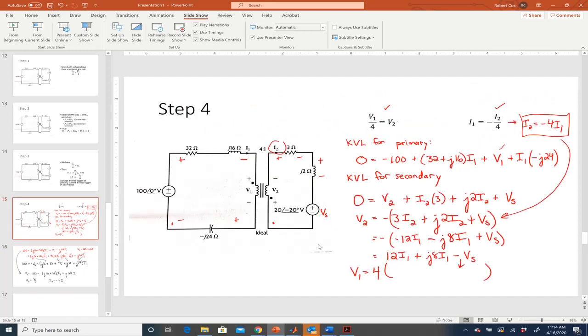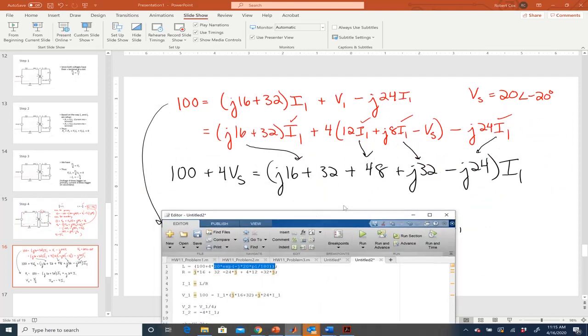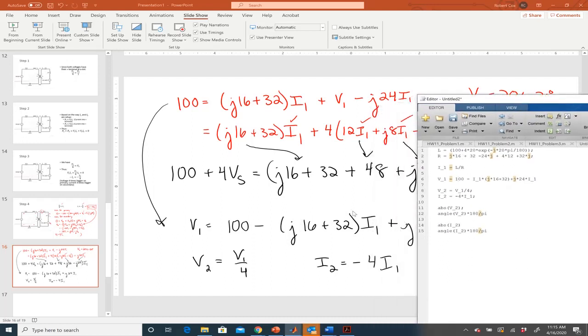Because those were our key relationships. So in MATLAB, what did I do? All right, so in MATLAB, what I did here was I said V1 is equal to 100, and then I plugged in I1 into these relationships here. And then I had my V2 is V1 over 4, and my I2 equals negative 4 I1, and then I can get my results from there.